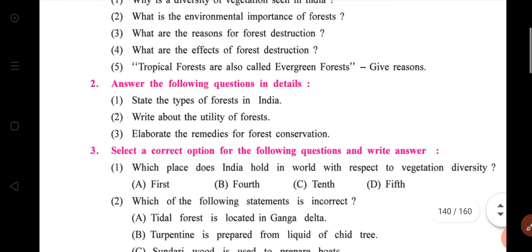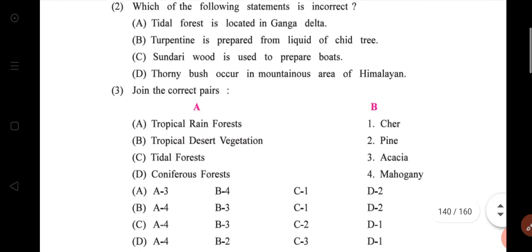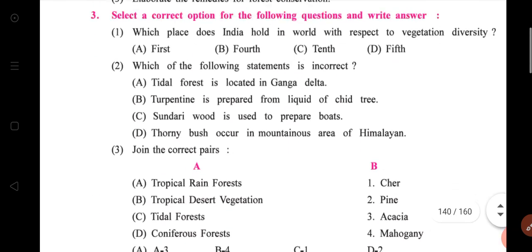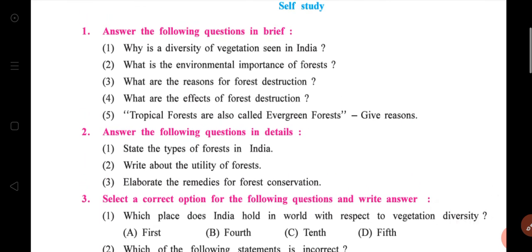Okay, in your file note, chapter number 17, you write the MCQs, then from the brief questions, write question number 1 and 5.